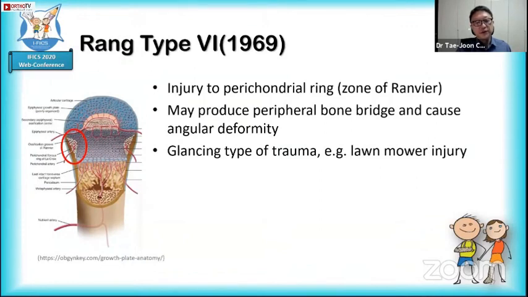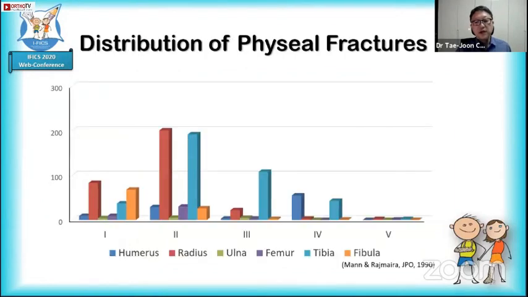The injury could be a glancing type, apparently not serious, for example, a cut by a lawnmower. The most common type of Salter-Harris system is type 2, followed by type 1, type 3, type 4, and type 5 is quite rare, but it must be underdiagnosed to some extent. Distal radius and distal tibia are the two most common locations of physeal injury.